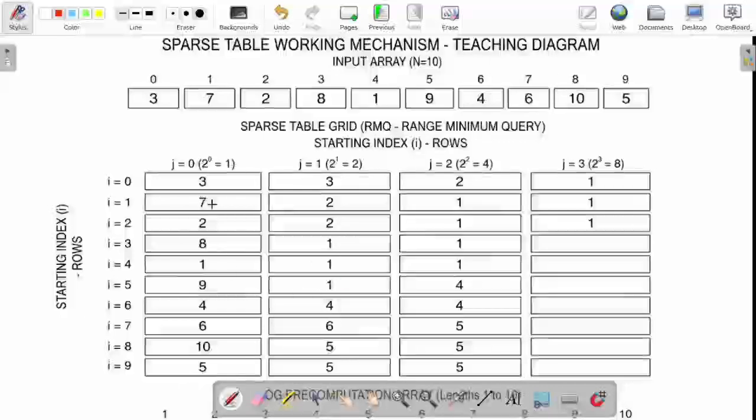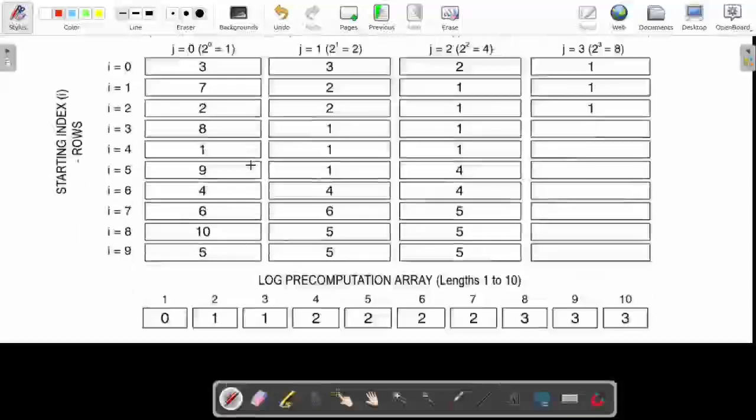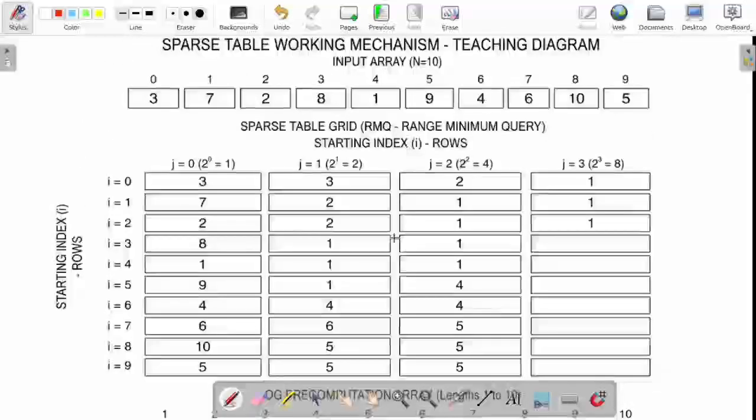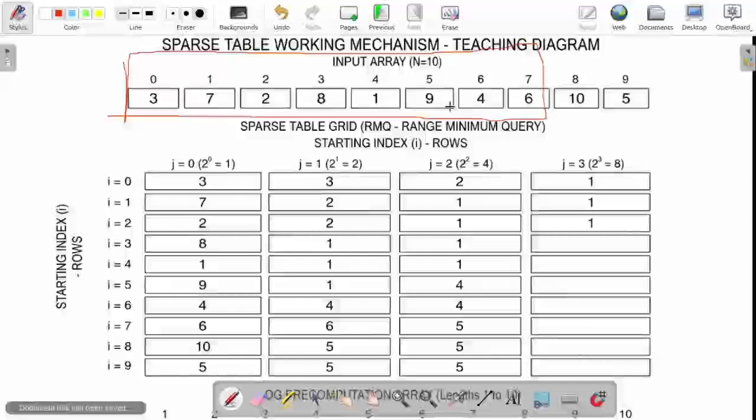Now, let me show you the formula which we use while coding to calculate these terms, because now someone will ask that, okay, let's say we are considering j equals 3, that is a segment of length 8, that is from 0 till 7. Here, I orally tell you the answer that the minimum is 1, but while coding, how do we usually calculate this answer?